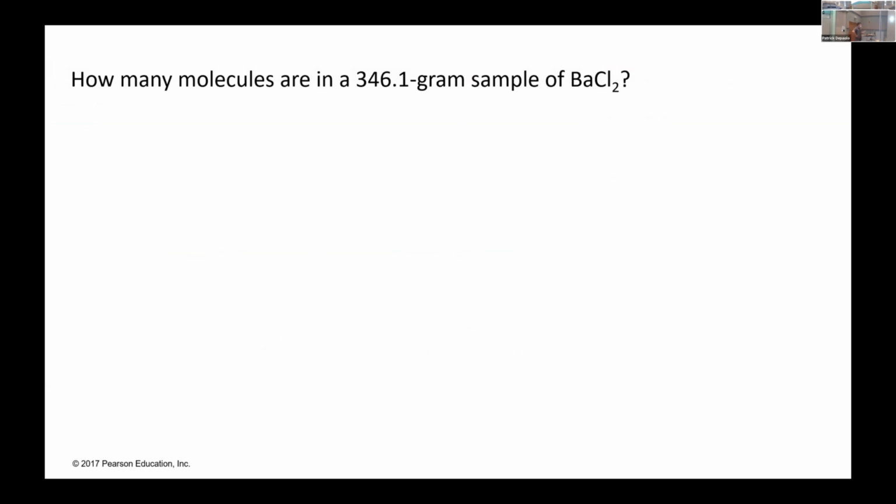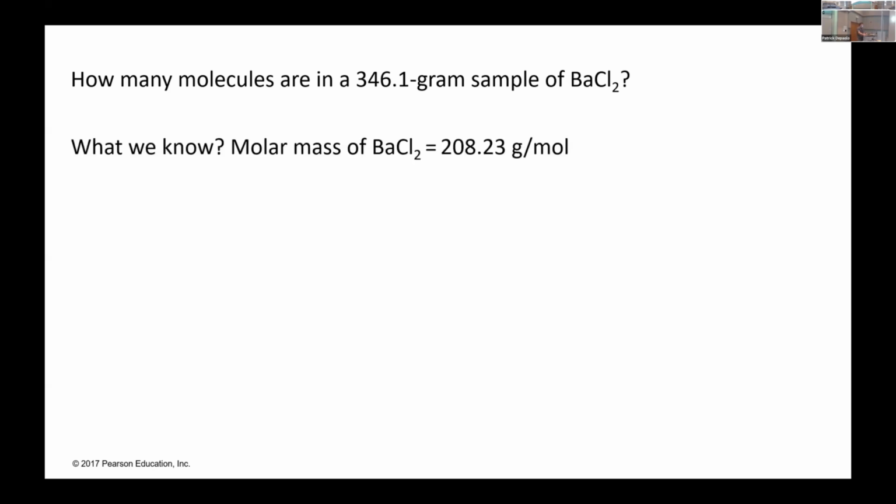So instead of just carbon, we need to figure out first the molar mass of the compound. Now, in these kind of questions, even if you get lost and you have a compound formula, a very good first step is to always find the molar mass of that compound. It'll help you. So what we know is we can calculate that, and the molar mass of barium chloride is 208.23 grams per mole.